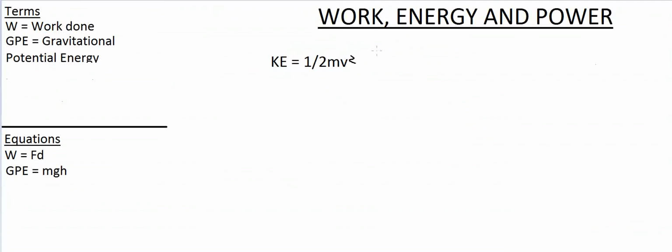So how do you derive it? Let's say you have this object, and you do work on it in a certain direction. So we use the formula for work done.